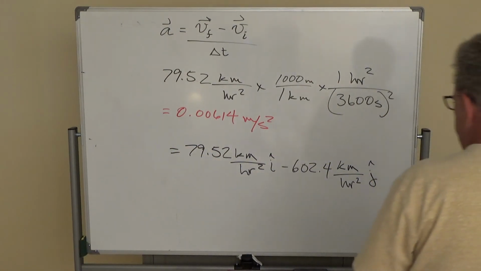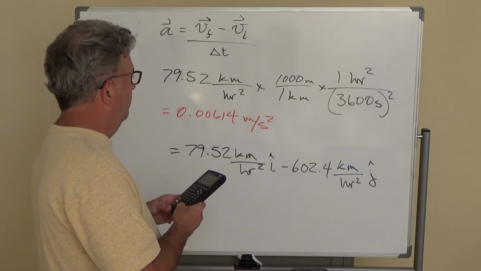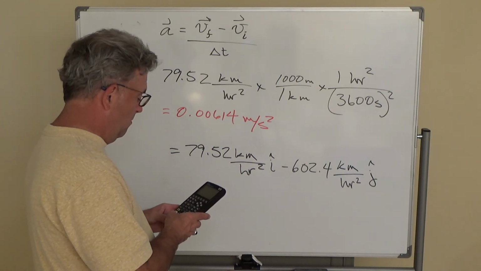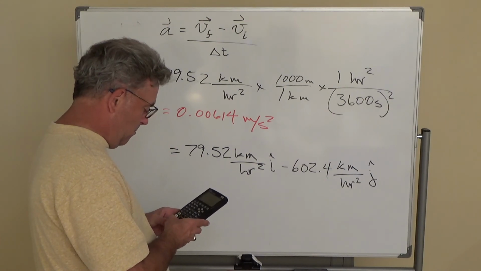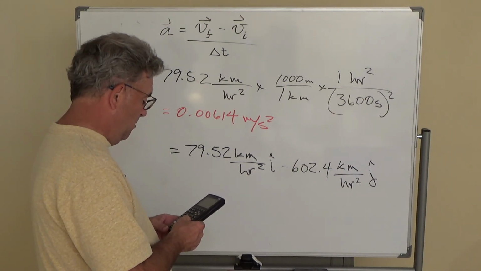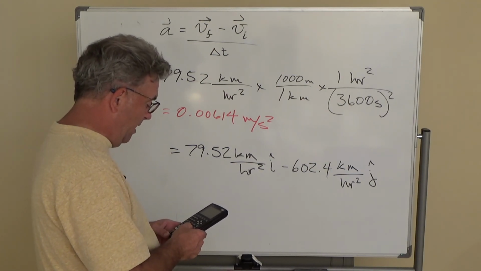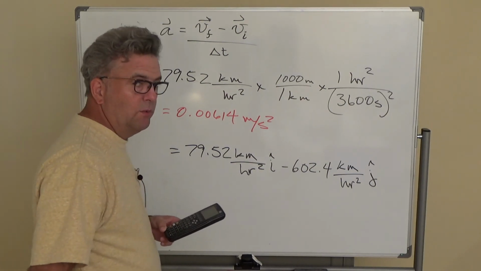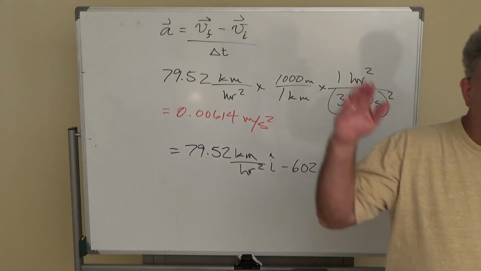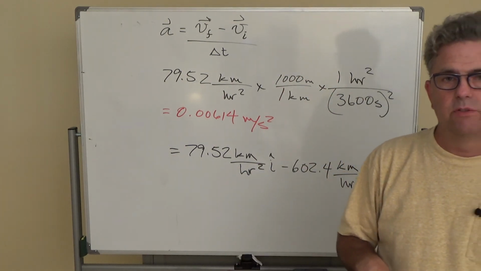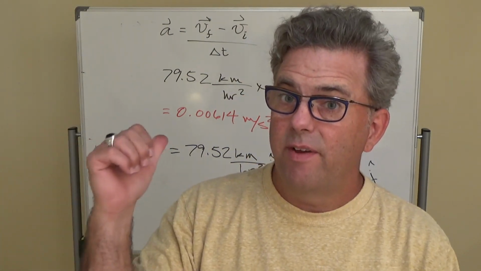Let's see, 602.4. I got 0.0465 meters per second squared. It took 5 minutes to make that gentle turn, so not a huge acceleration. And it is a vector, okay?